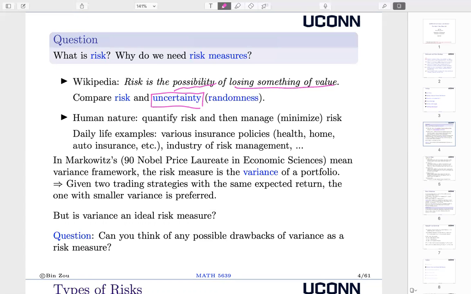Say we have a prediction that it's between 50 and 60, so it's something between those two values. It's uncertain, but to us there's no risk. If it's 50, it's okay. If it's 60, it's probably also okay for us. We don't lose anything in that sense. So it's only uncertainty, but it's not a risk to us.